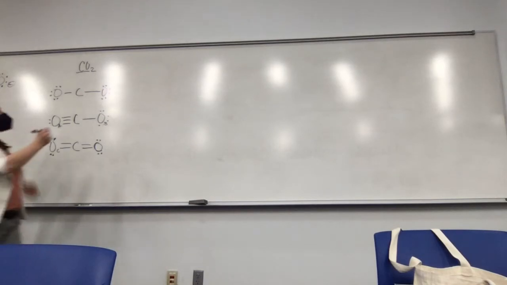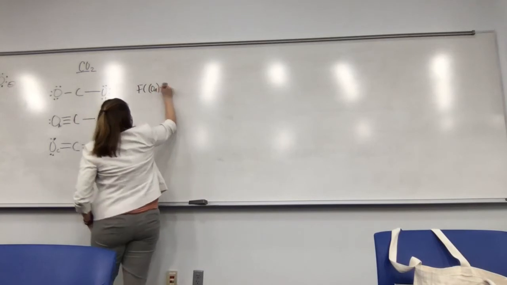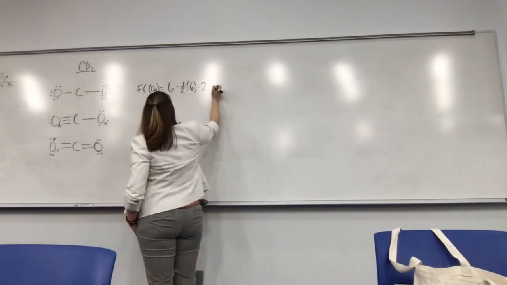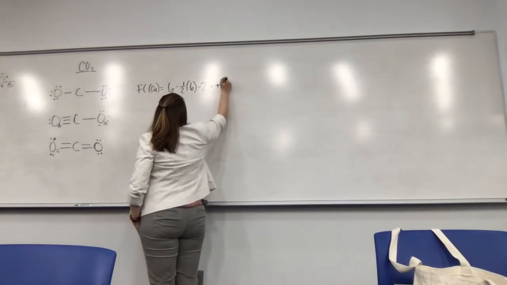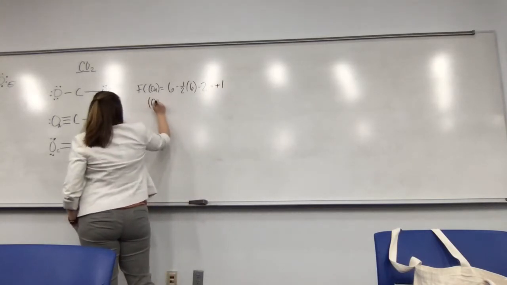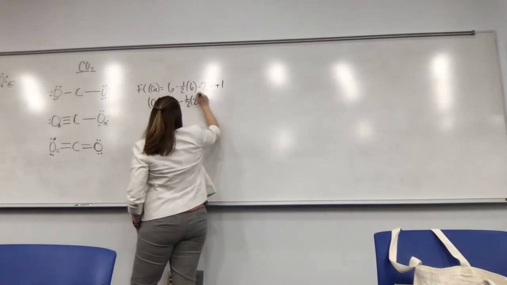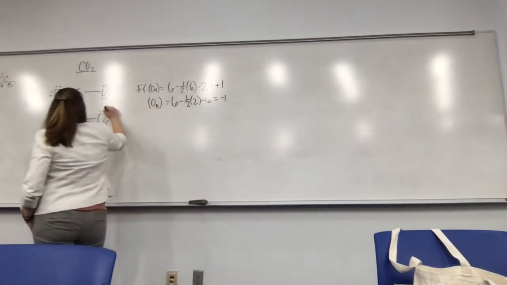So from here, we're going to calculate the formal charge of OA. 6 minus half of 6 minus 2 gives you +1. Sorry. For OB, we are going to get 6 minus half of 2 minus 6, and that gives you -1. So we have a -1, we have a +1.